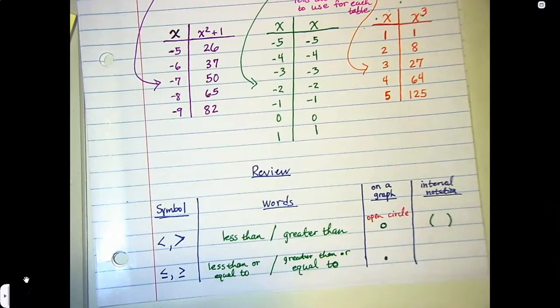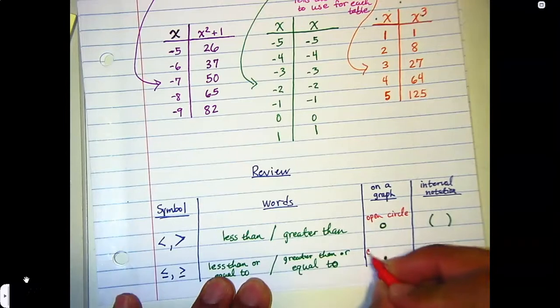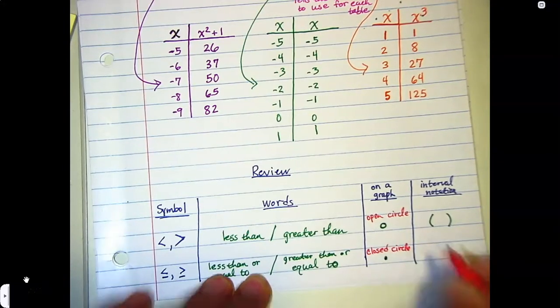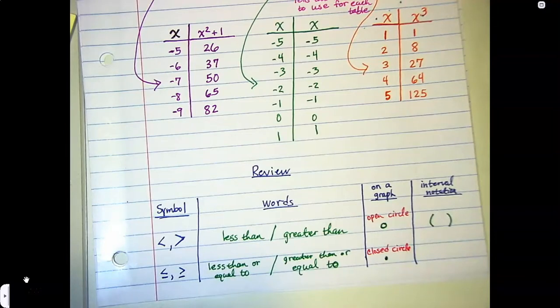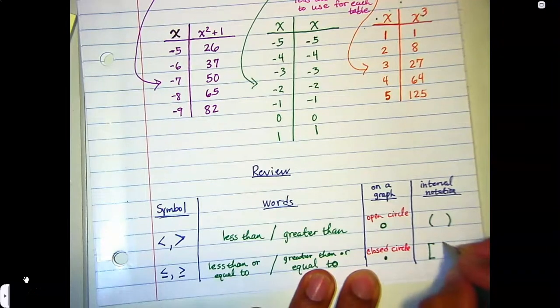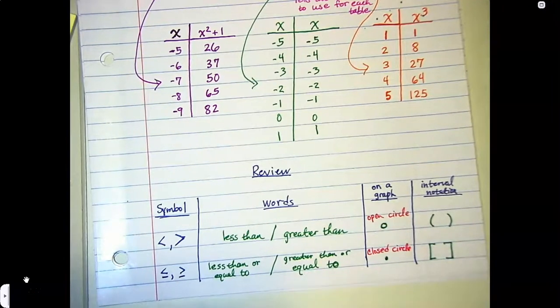So we put a closed dot right there, closed circles. And again, that's on the graph, not on a number line, but a graph. Remember we said if it was on a number line with open and closed circles, we pretty much have marked those wrong at this point. But on a number line, we did the interval notation with the actual brackets there. And then we did other stuff.